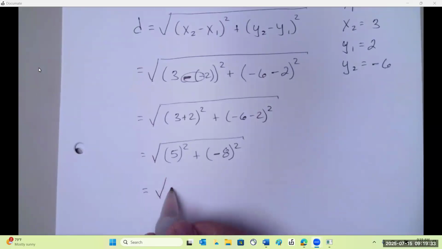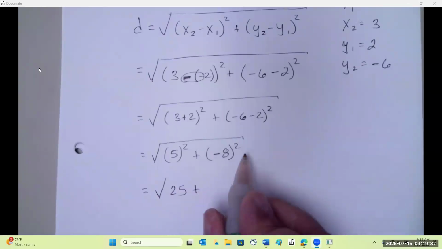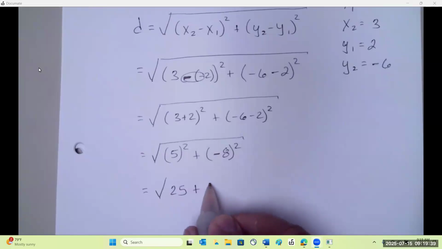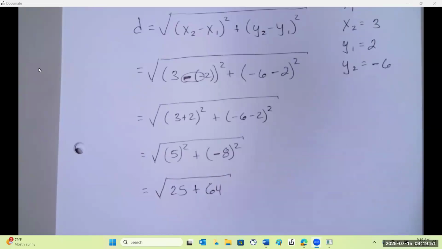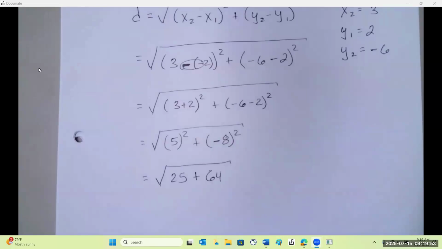Five squared is 25. -8 squared is, you should have your cheat sheet, your multiplication sheets in front of you. Should be 64. That's why I gave you the little multiplication sheets. 2, 4, 6, 8. I should have had enough in there.